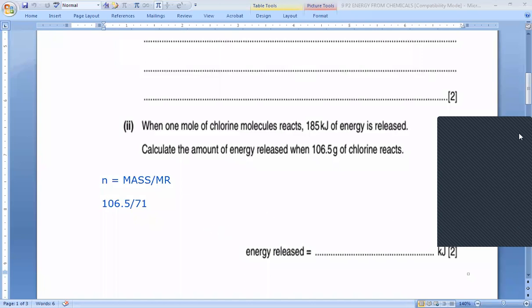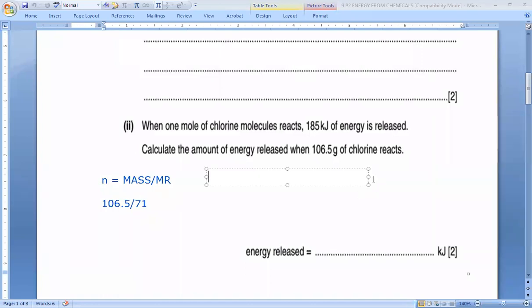Now the relation is given here. 1 mole of chlorine gives 185 kilojoule energy. So 1.5 moles gives how much energy?